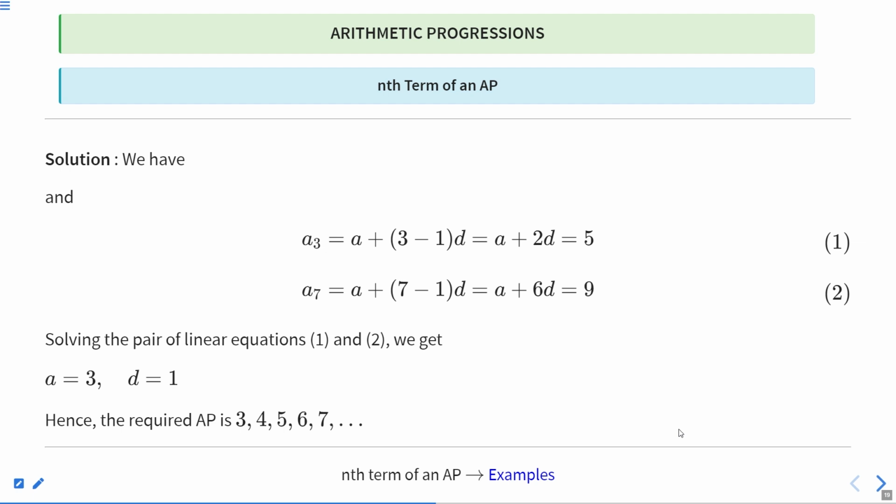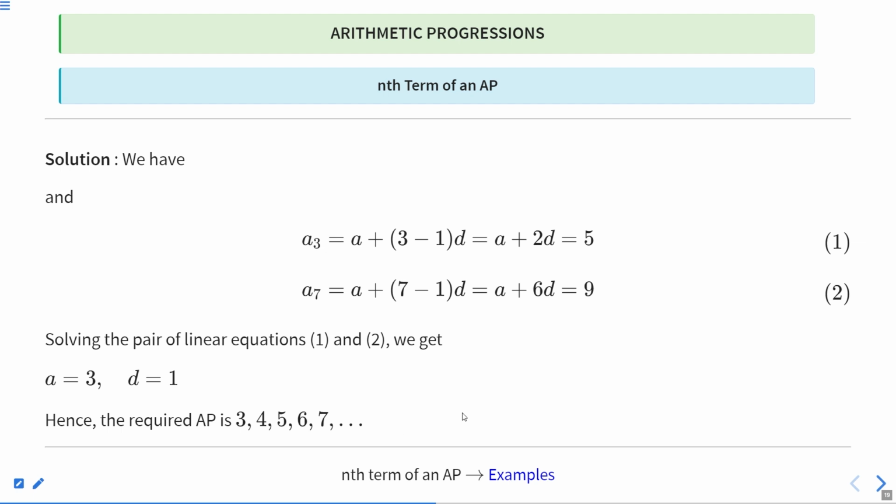If we use either one of them, we get the value of A equal to 3 and the value of D equal to 1. Hence the required AP is 3, 4, 5, 6, 7, dot dot dot.